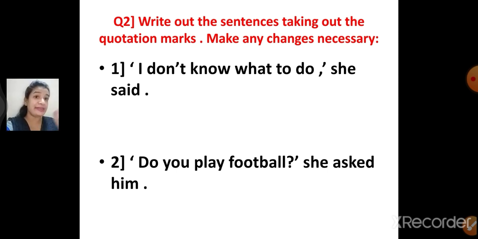So she said that she did not know what to do. This is indirect speech. The speaker over here is not there and you are saying on behalf of him or her.